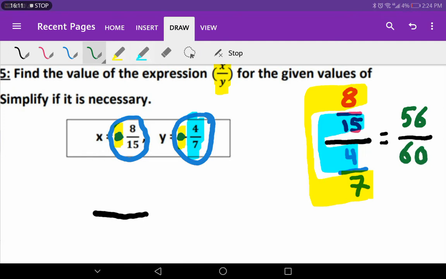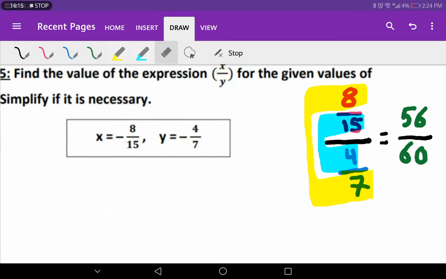But you will not find it. Why? Among the multiple choices, you have to simplify it. As you see here, up is even and down is even. That means I can divide up and down by 2. So 56 divided by 2 is 28, yes.